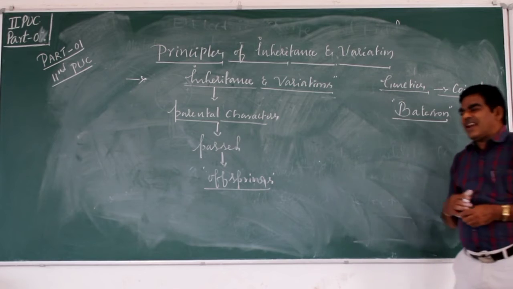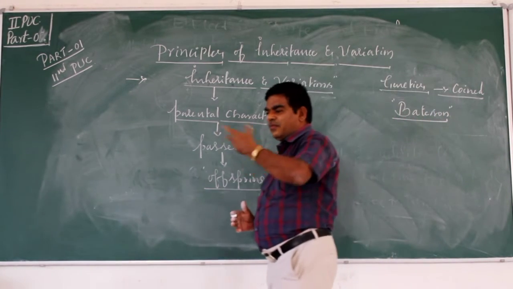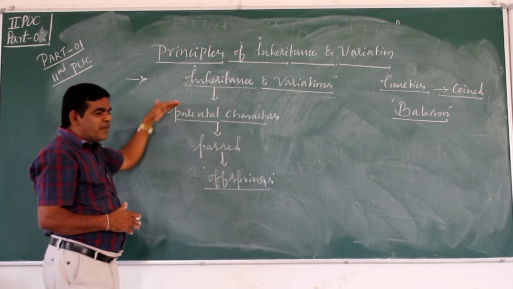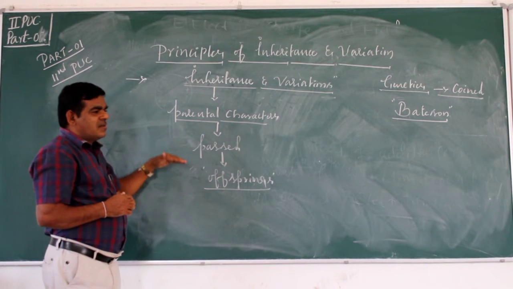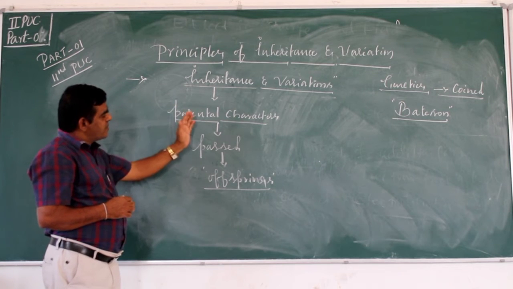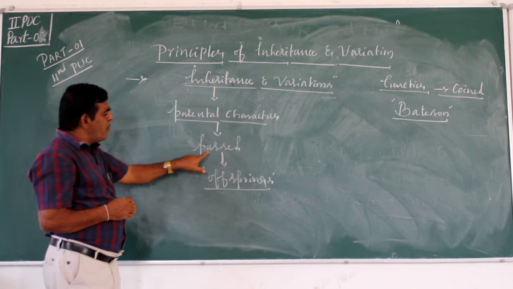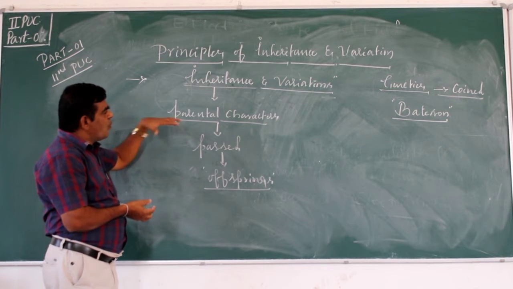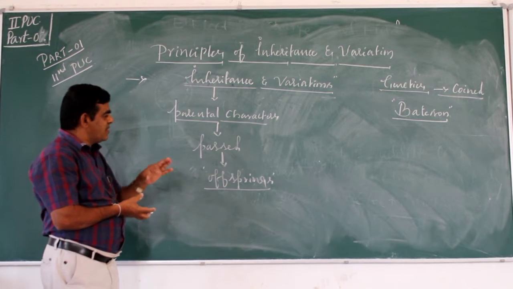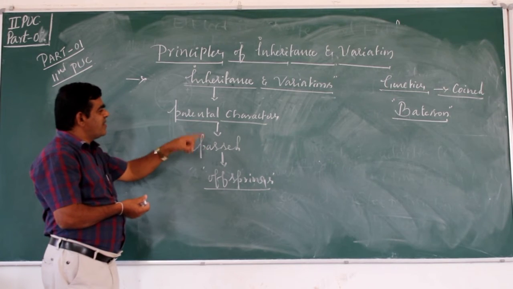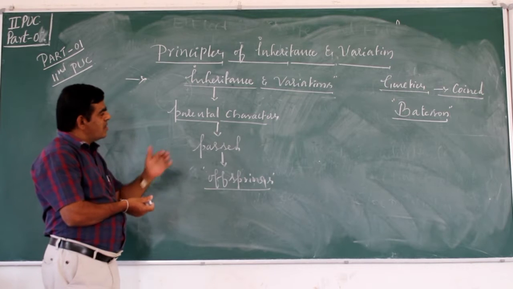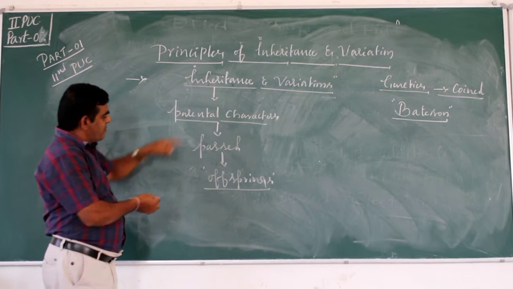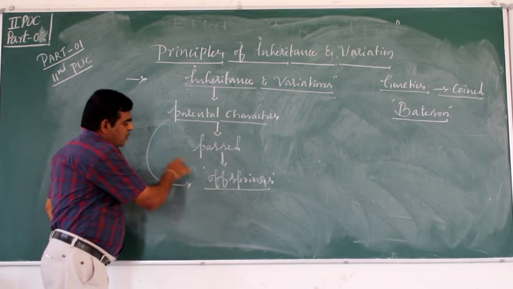The offspring resemble their parents. For example, the height of the parent, color of the parent, structure of the egg, behavior also. These characters are passed from the parents to their offspring from generation to generation. This is called inheritance.